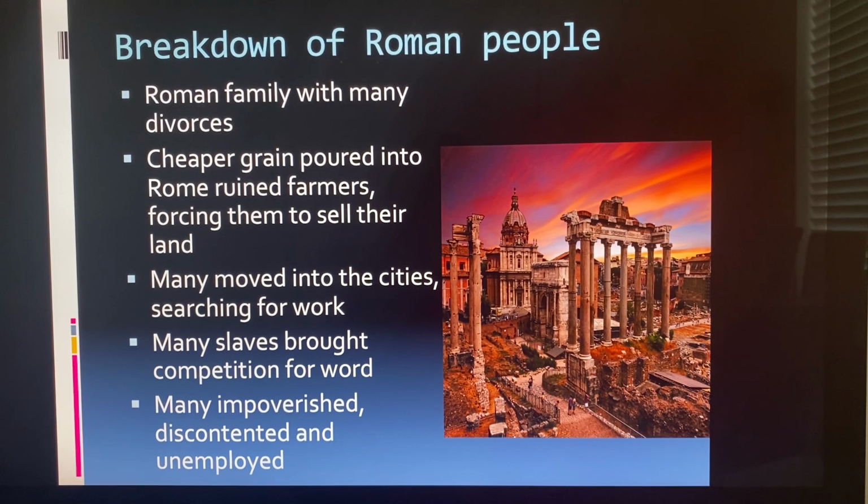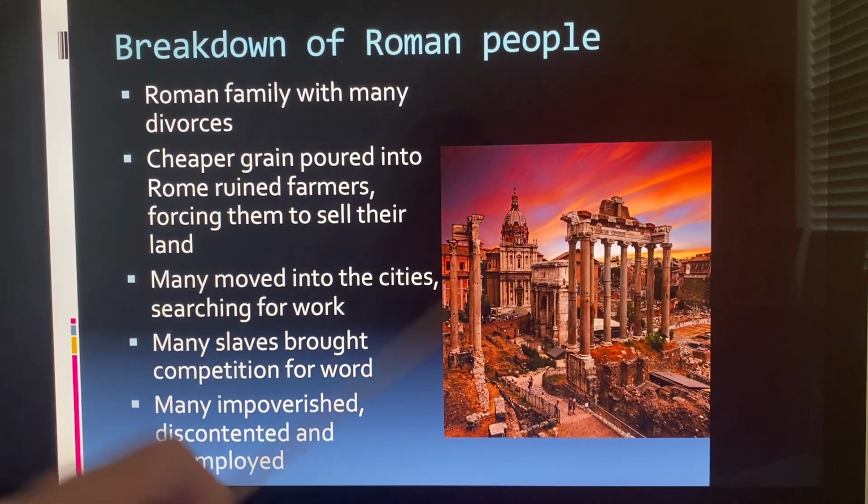And many slaves brought competition, and as they came in, people had to fight for jobs because the slaves were actually taking many of the jobs. As slaves, they were working for the wealthy landowners and such. There were many impoverished, discontented, and unemployed people.